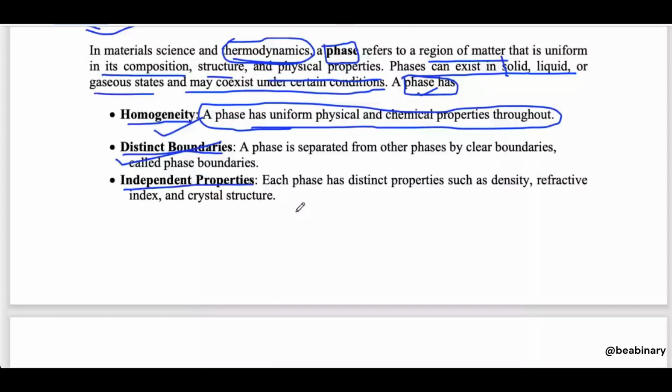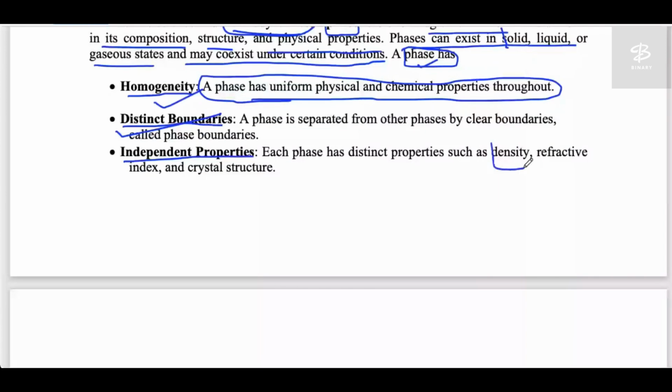Similarly, if we take another example, ice and water together, they have different properties. As an example, take density. The density of the solid, liquid, and gaseous forms of water are all different from each other.